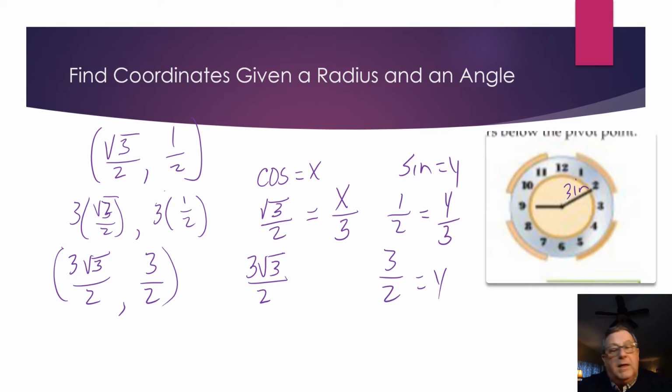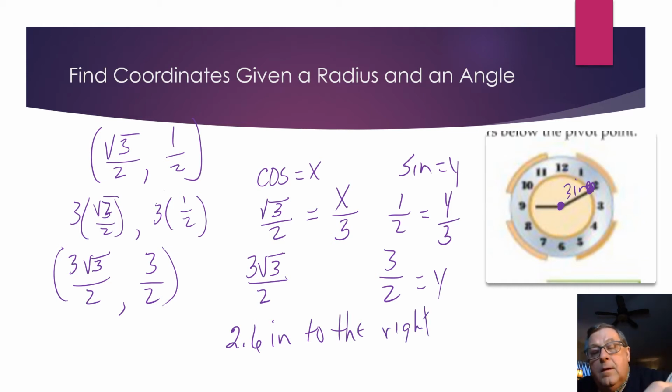I could then say that the minute hand, right here at this point, and here's my pivot point again, my minute hand is approximately 2.6 inches to the right of that pivot point, and it is 3/2 is 1.5, and 1.5 inches above the pivot point.